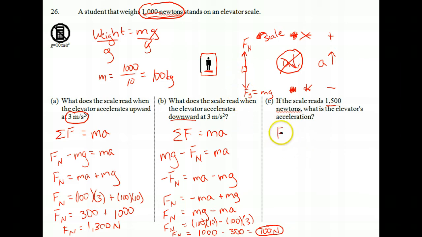So we would just say Fn minus mg is equal to ma. Okay, I'm just doing the sum of the forces is equal to ma here. All right, and then we would just solve for a this time. So I would need to divide out mass here and divide out mass here.